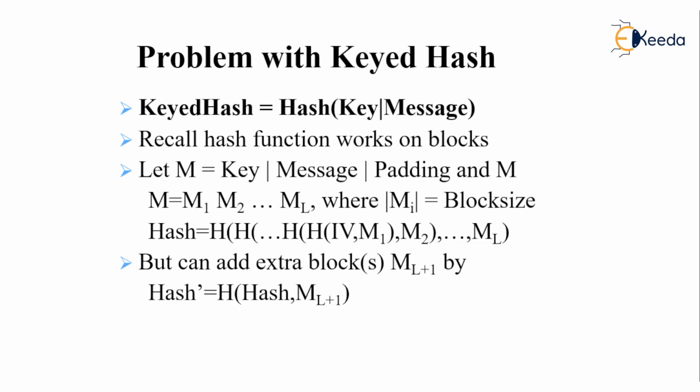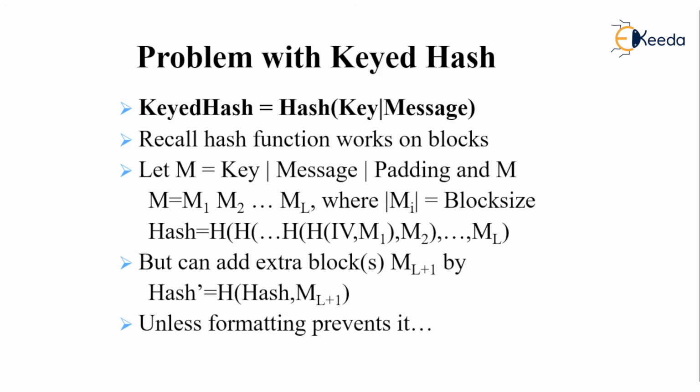And then we can implement hash dash by using the hash on the hash of the added block of the plain text message. So if there is a problem with the keyed hash function, then it can be reduced to some extent by using the hash dash, which can then be implemented on the hashed messages.